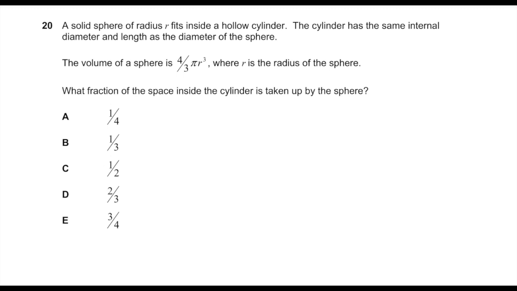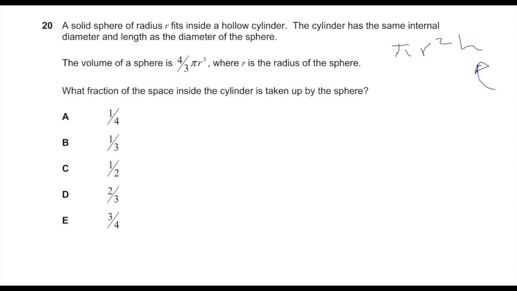So, we first need to write down what the volume of a cylinder is. Fortunately, the radius is equal to r, so we don't need to manipulate the formula too much. So, it's going to be pi r squared h. And we already know what h is because it says the cylinder has the same internal diameter and length as the diameter of the sphere.